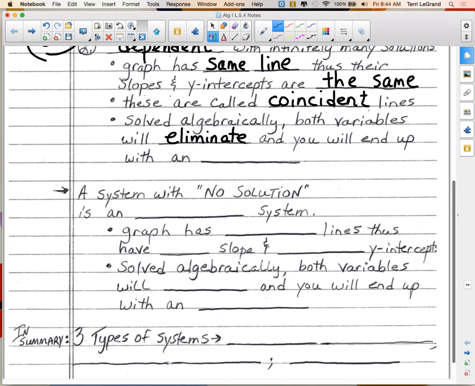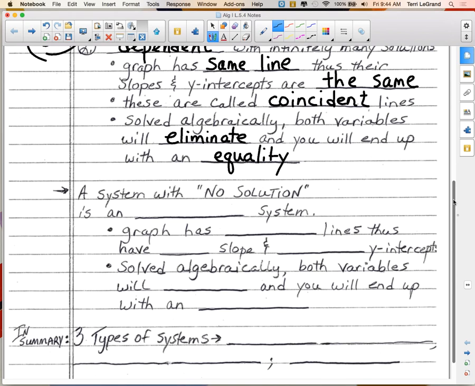And you're going to end up with an equality. You're going to have a statement that doesn't have any x's or any y's in it, but whatever is left is true. It's an equality. You can say this is true.